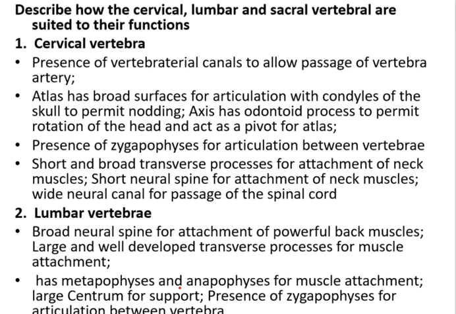Describe how cervical, lumbar, and sacral vertebrae are suited to their function. Cervical vertebrae have vertebral canals to allow passage of the vertebral artery or blood vessels and nerves. Then the atlas has broad surfaces for articulation with the condyles of the skull to permit nodding of the head.